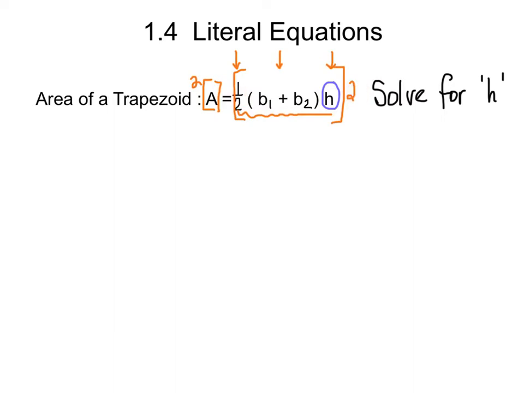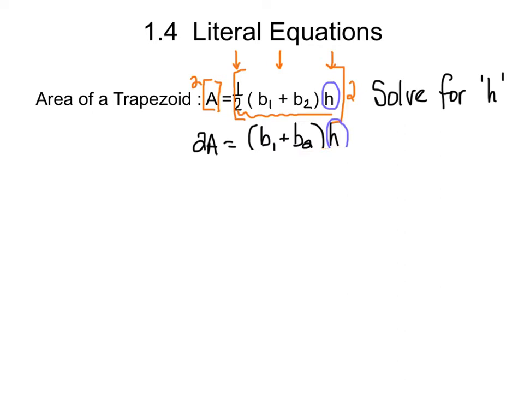So I'm going to end up with 2A equals B1 plus B2 times H. I'm still solving for H. This side is still one term. So I'm going to erase that so we can actually do some math.